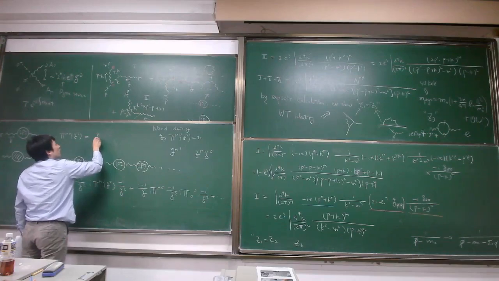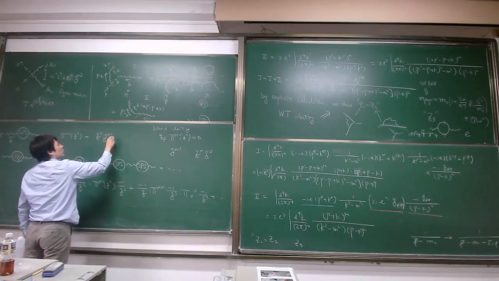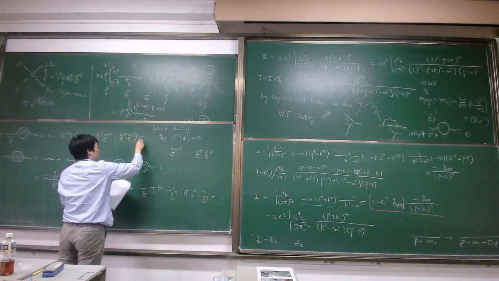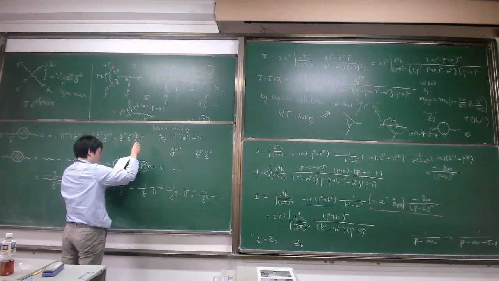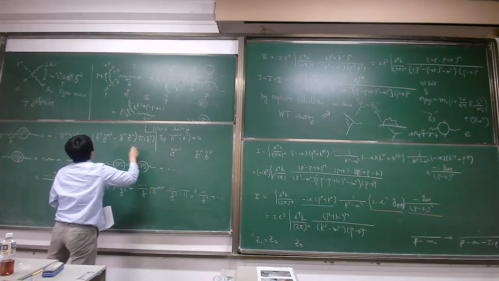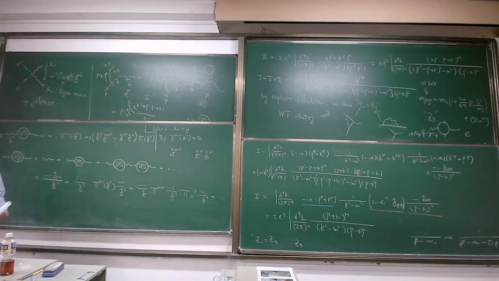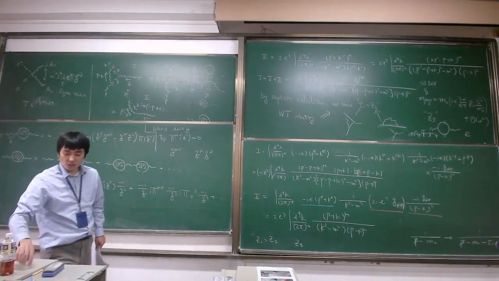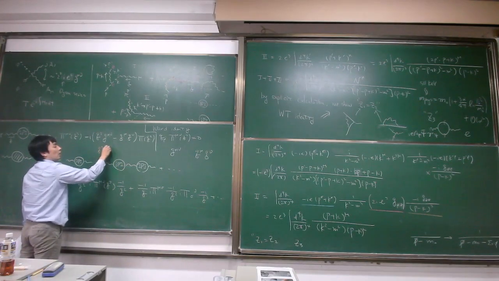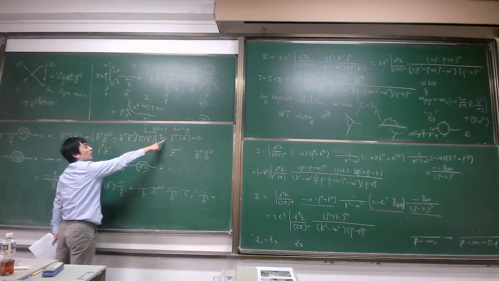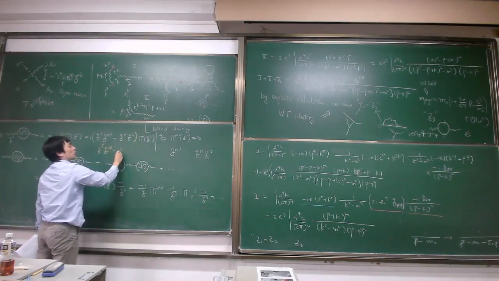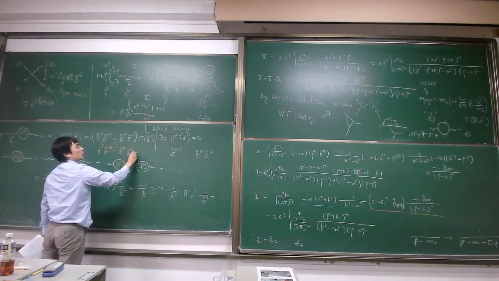So you can just write it down like this: q squared g mu nu minus q mu q nu. If you contract with q mu, as you can easily see, this will give you q squared q nu, and then the other term will give you minus q squared q nu, which is equal to 0, right?